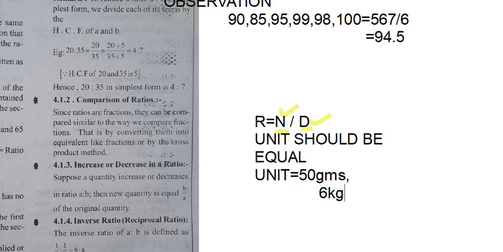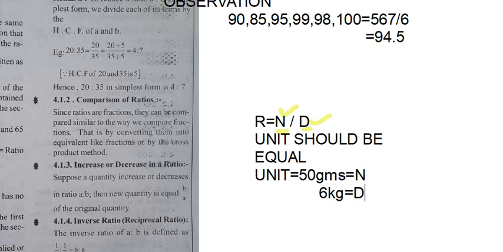Now see, units means here it is 50 grams, this is in grams, and this is in kgs. Suppose I want to write 50 grams in the numerator place, and whatever this 6 kgs is, I have to write in the denominator.